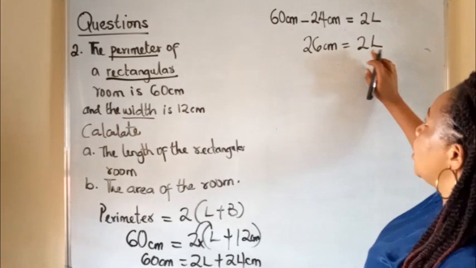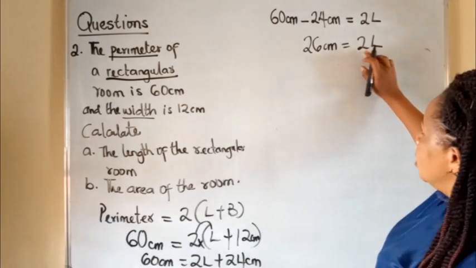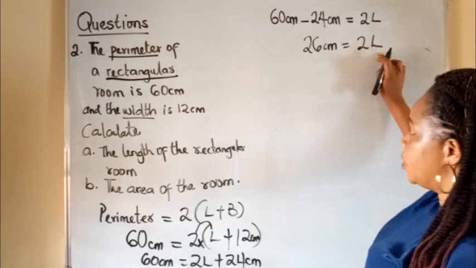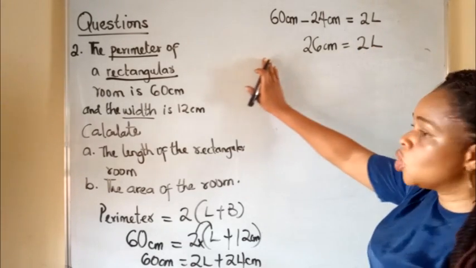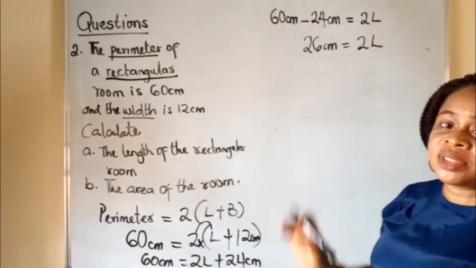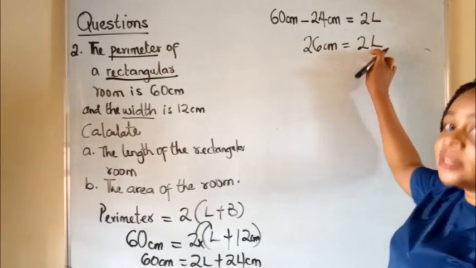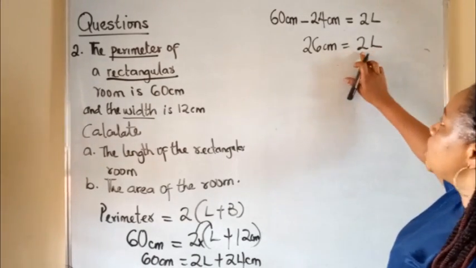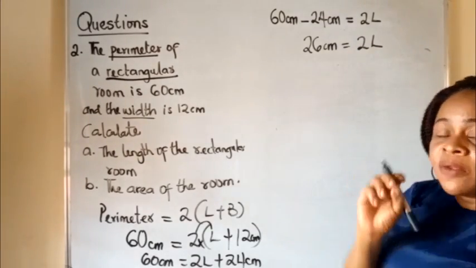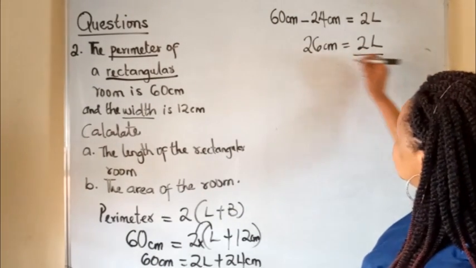Here we are having a number in front of a variable, and I said whenever we come to this step in mathematics, what we'll do is to divide both sides by the coefficient of the variable. So the variable we have here is L. So the coefficient we have is that number in front of that variable. So we're dividing both sides by 2.